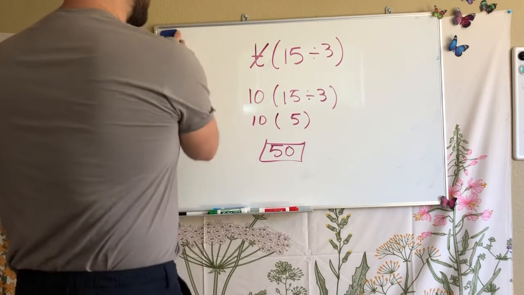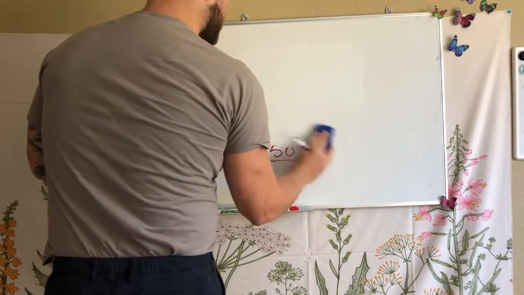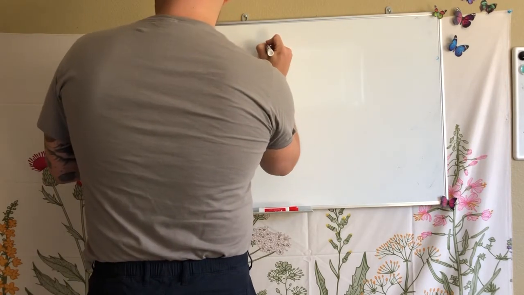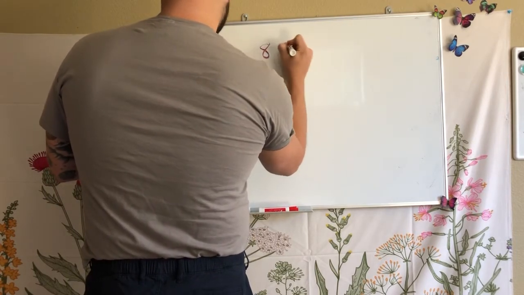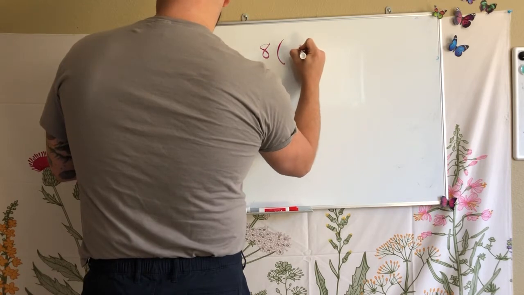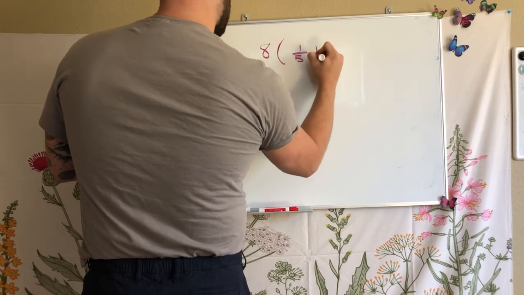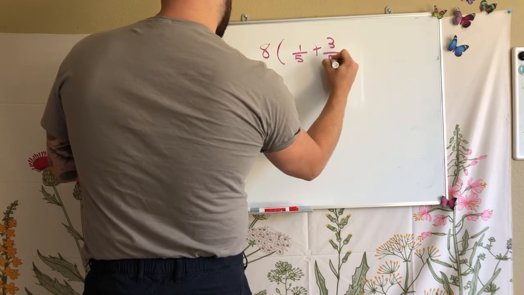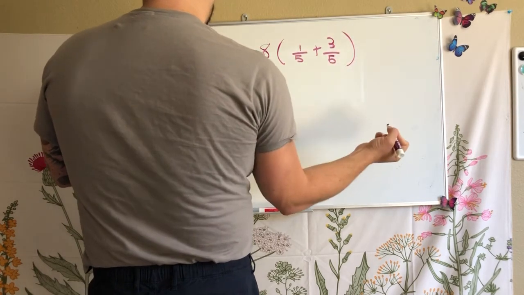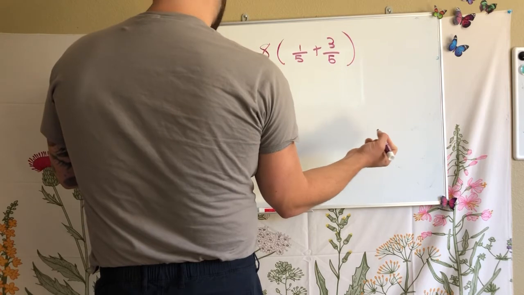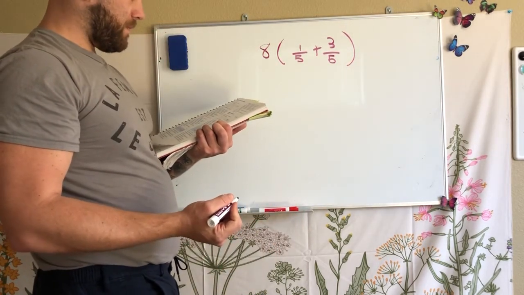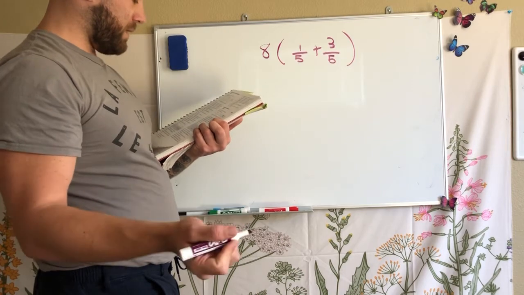All right, so let's do the next one just for a refresher. We'll do 8 times the quantity, 1/5 plus 3/5. So, here's problem B, because it told us R equals 1/5.